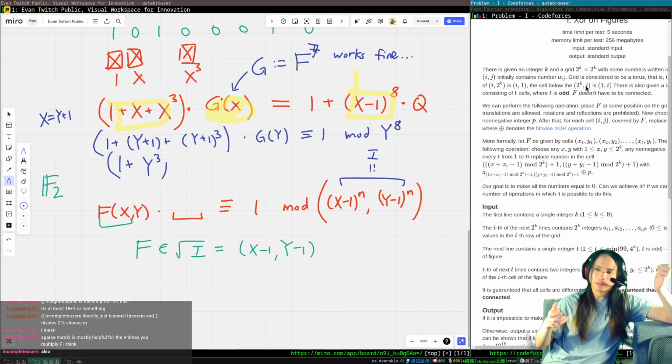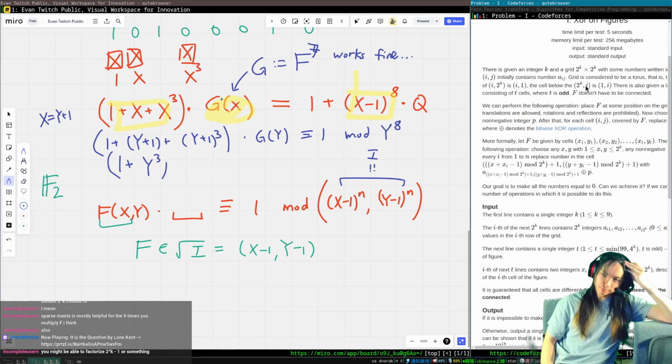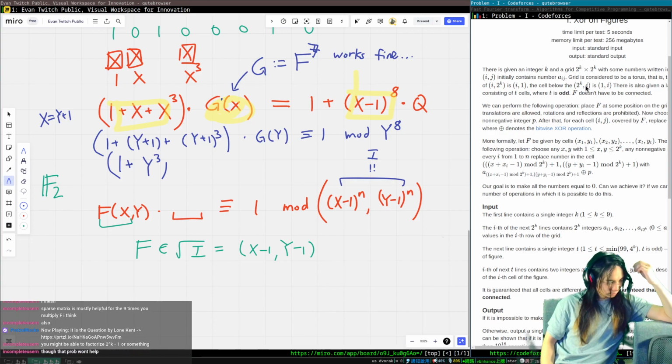And if I have a reasonably sparse thing, does the runtime...? I don't think it's worth factoring 511, because 511 is 7 times 73, so it's not great.